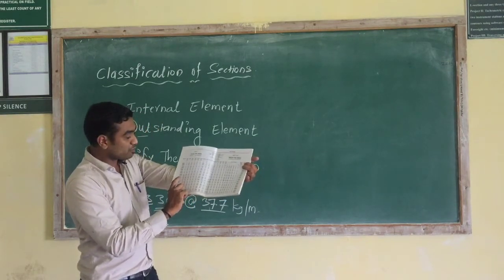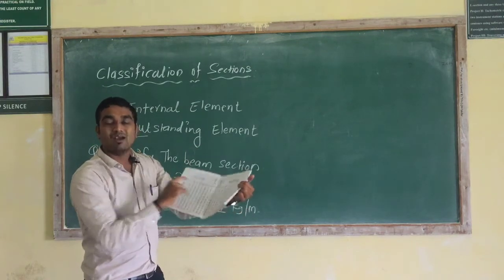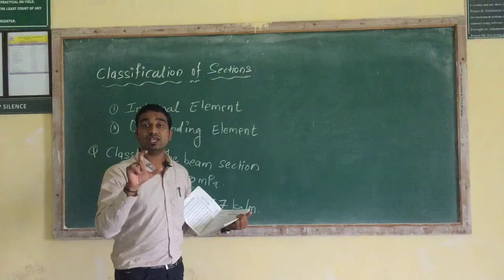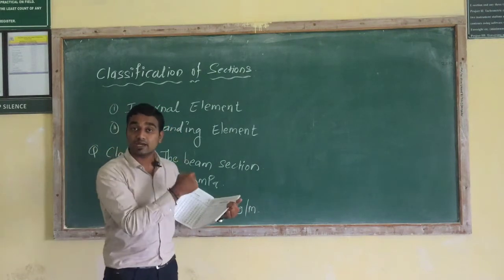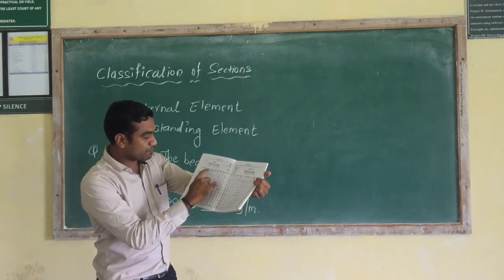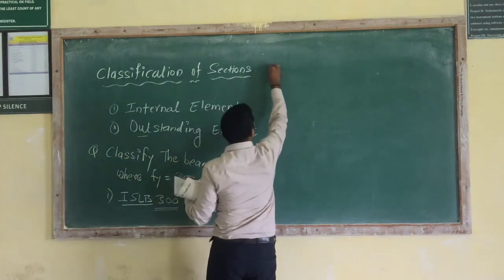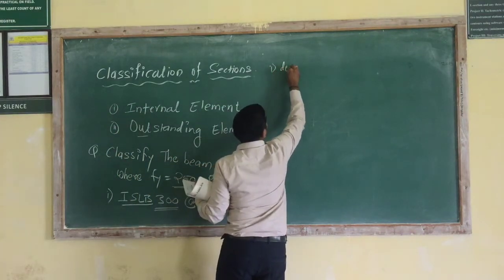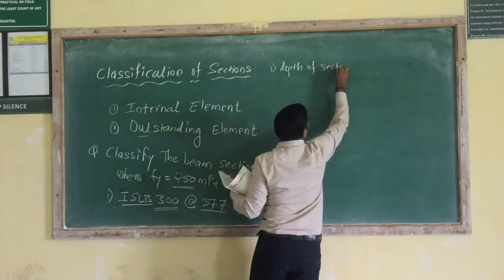Now next point is the sectional area, but we do not require the sectional area while classifying the section, so no need to write the cross sectional area. Next is the depth of the section. First of all we have to write this depth of section.